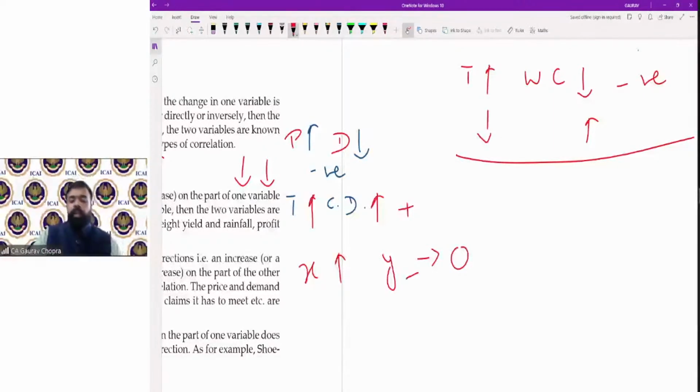Right? Then size of shoes and intelligence, इन दोनों में कैसा कोरिलेशन होगा?